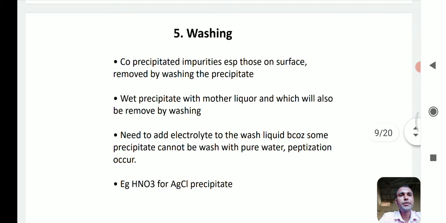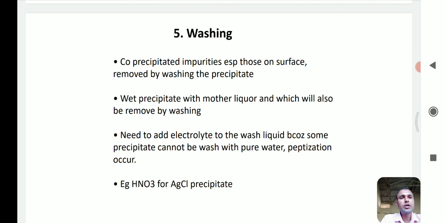And fifth one is washing. This is very important to get a pure precipitate. The co-precipitated impurities, especially those on the surface, can be removed by washing the precipitate. The wet precipitate with mother liquor will also be removed by washing.